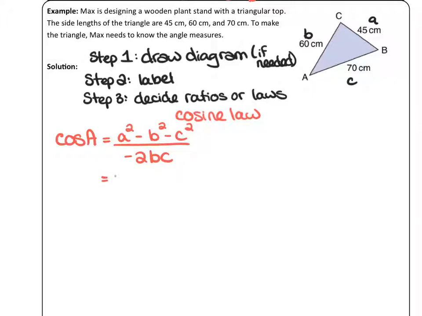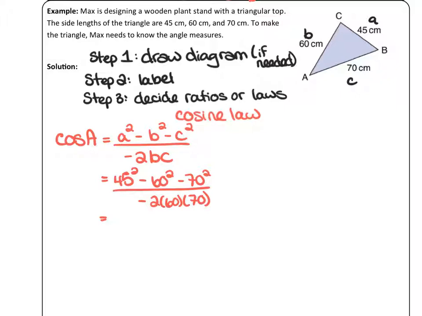We'll put our values in: 60 squared plus 70 squared minus 45 squared, over 2 times 60 times 70. And we will calculate that.